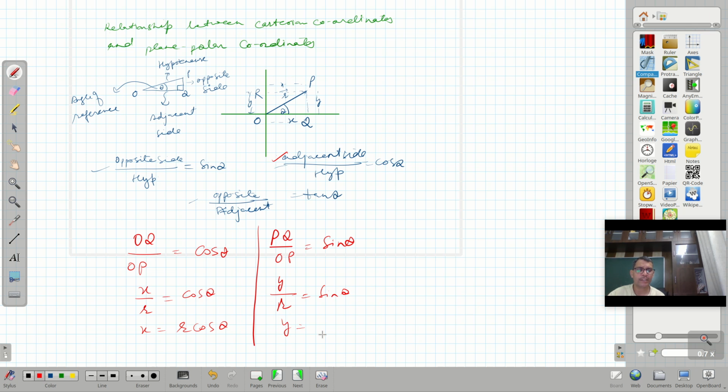So from here y is equal to r sine theta, which we have to consider, right?